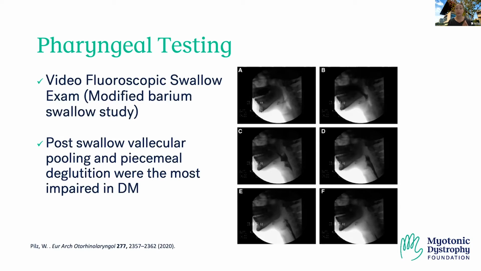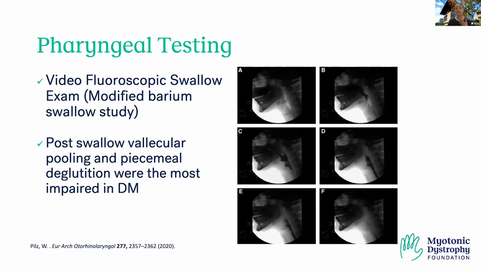It usually uses a small amount of barium to light up on the x-ray, and the doctor watches how you swallow different items with different consistency and thickness, and observes where the problem is, and based on that we can provide recommendations on what to do.